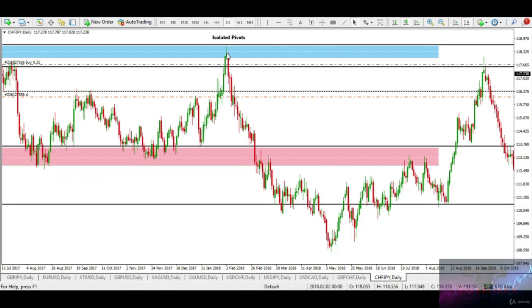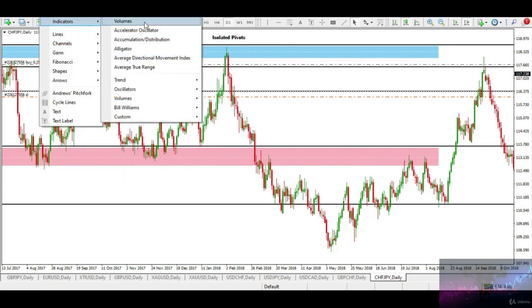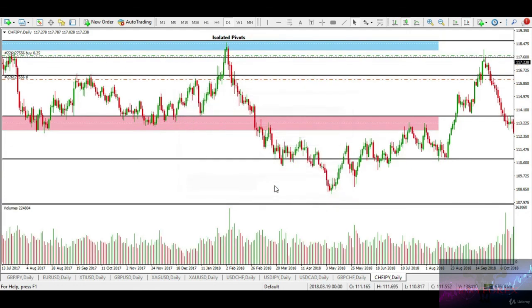And in the final example, we look at the isolated pivots, which is 3-candle formation. Once again, the increasing volumes on each candle is a sign that the sellers have taken control. Once isolated pivots appear after an uptrend and vice versa.